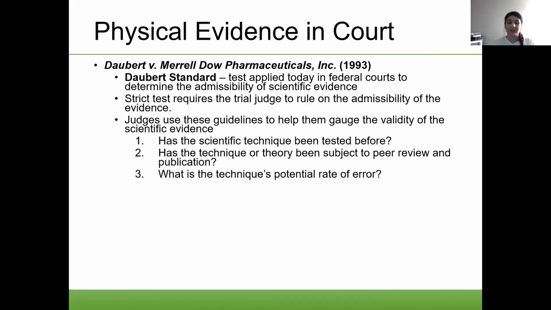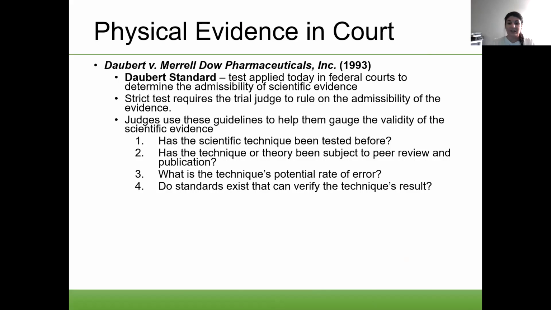If it's high, then it's less likely for the new technique to be considered, because it will be attacked by the defense attorney over what the rate of error is. If it's too high, then people aren't going to believe that results from it are adequate.